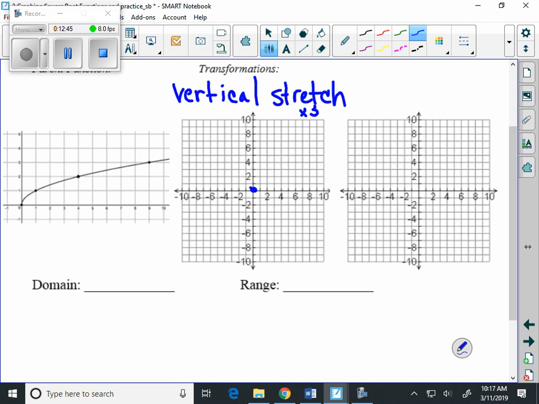But 1, 1, we're still going to go one space to the right, but instead of going up 1, because we're vertically changing this, it's going to be 1 times 3. For our second point, 1, 1 becomes 1, 3. 4, 2, we're still going to go right 4, but instead of going up 2, we're going to go up 2 times 3, and 2 times 3 is 6.